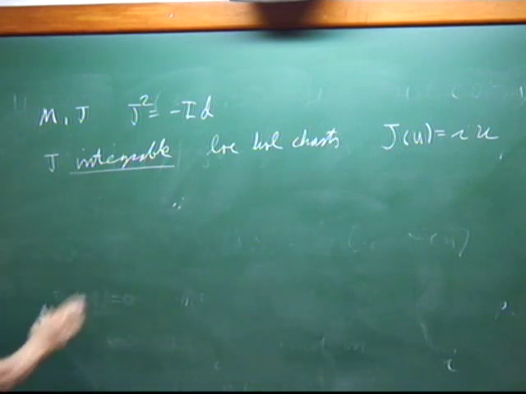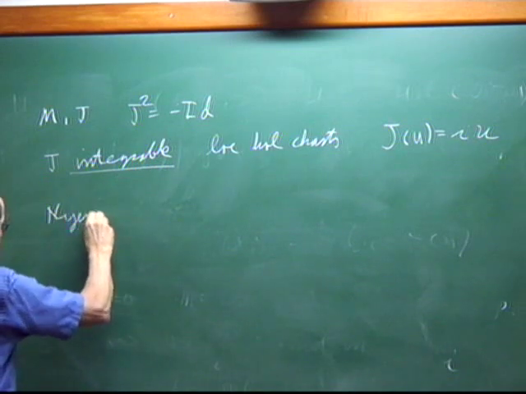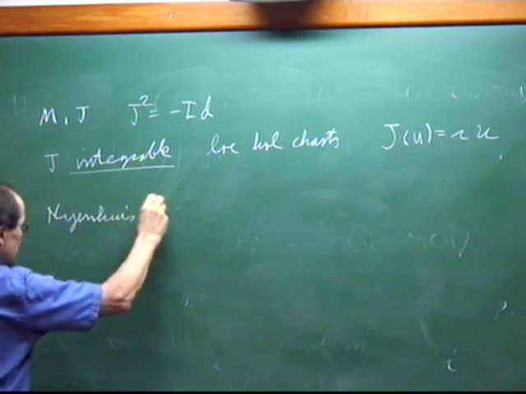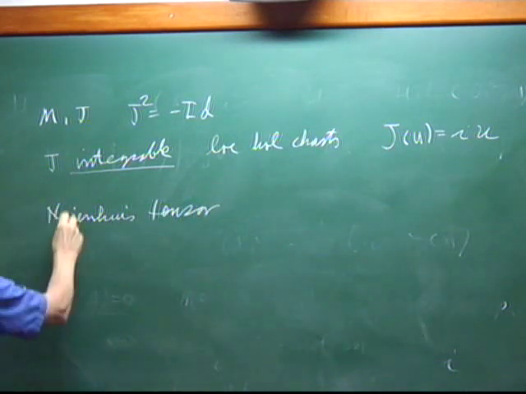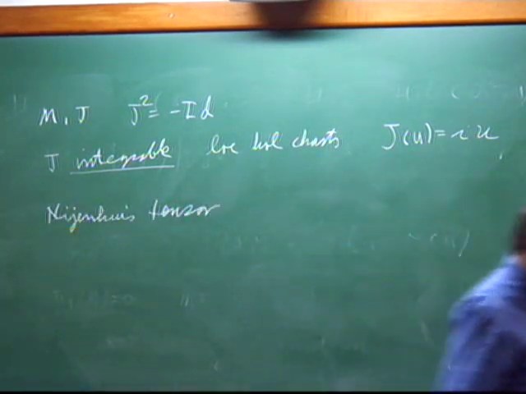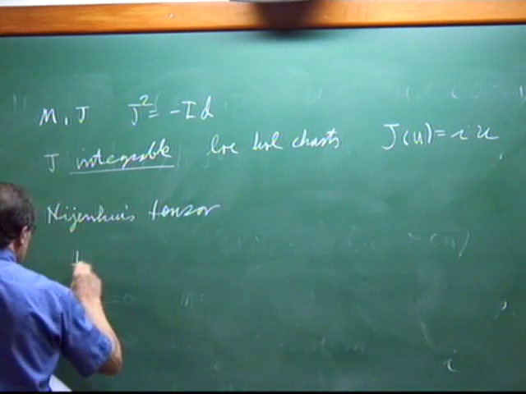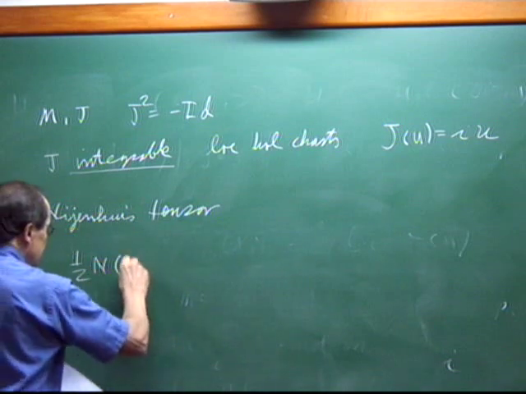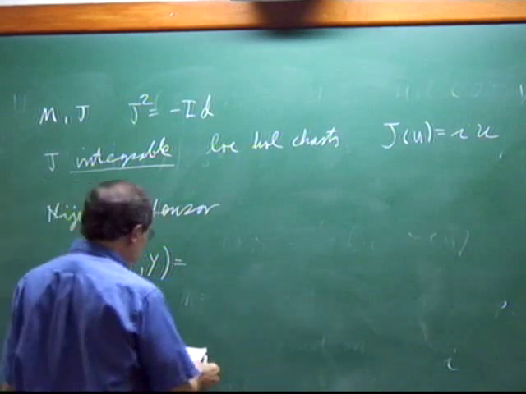To decide when something is integrable, one has what's called the Nijenhuis tensor. I'm not sure if that's the correct spelling, but I think so. There's actually a professor at Penn who invented that, but before my time. And here's a definition, though I can't quite remember it. N(X,Y) is 1/2 times, it's a (2,1) tensor.